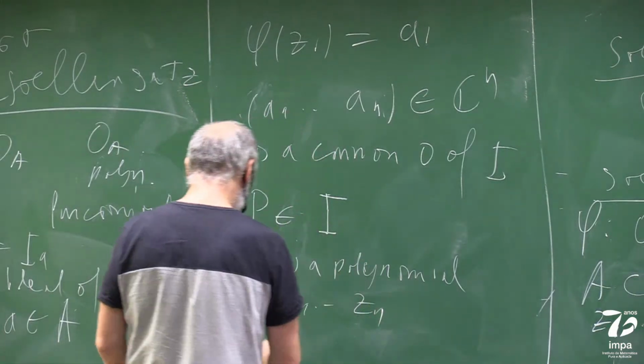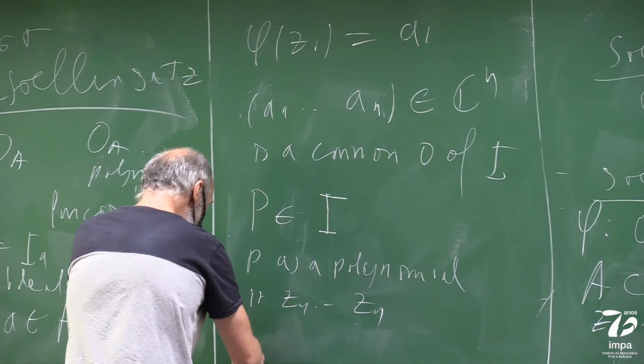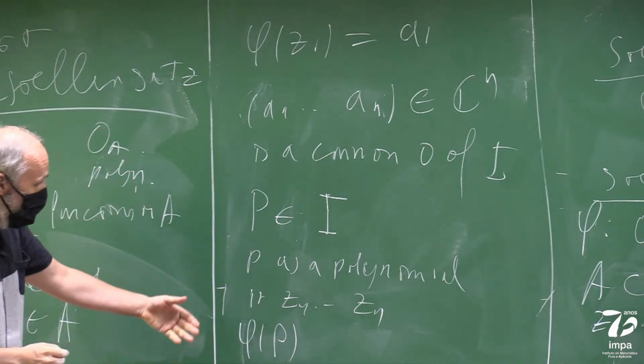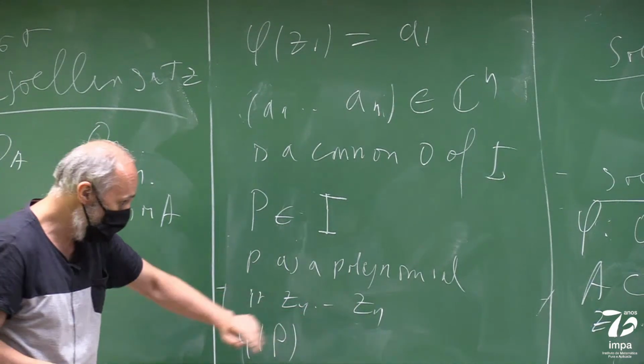And then you evaluate it. So you take phi of P. How do you evaluate phi of P? You just apply phi to all coordinates.